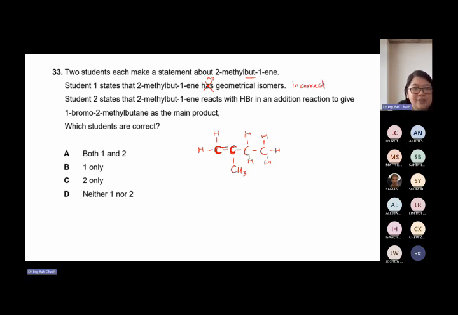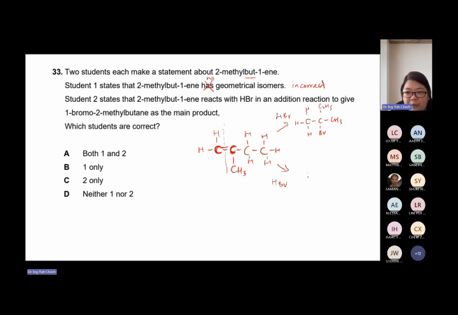Student 2 states that 2-methyl-but-1-ene reacts with HBr in an addition reaction to give 1-bromo-2-methyl-butane as the main product. Now, this is obviously not a symmetrical alkene. The addition reaction with HBr will give 2 different products. In one of them, the H is bonded to the carbon on the left and Br to the carbon on the right, with C2H5 and CH3.